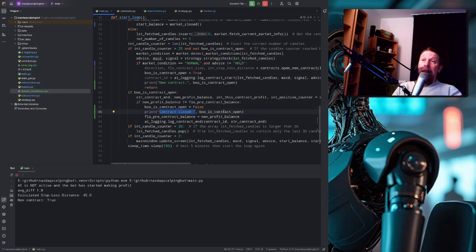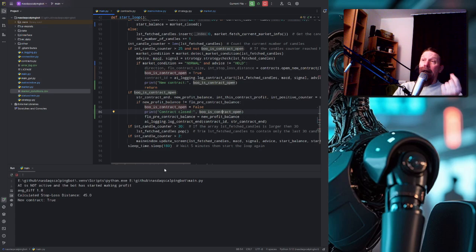But that's what I changed yesterday to see what was wrong, because two contracts were opened right after each other, while there should only be one contract open.